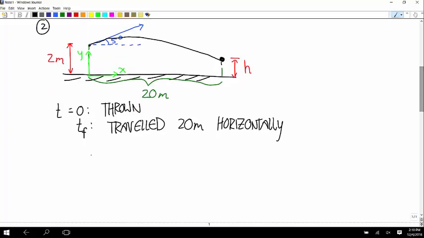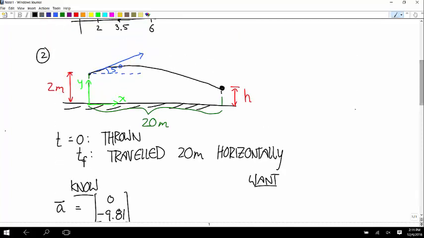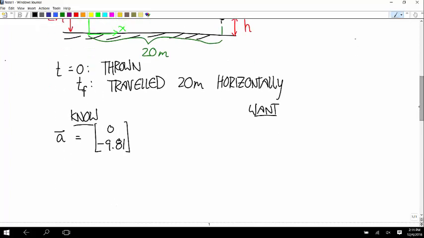Okay, so what do we know and what do we want? We don't know the time. We know the acceleration vector is 0, negative 9.81. The initial position, that's the coordinates of this point where the ball is thrown from. So P sub I is 0, 2.